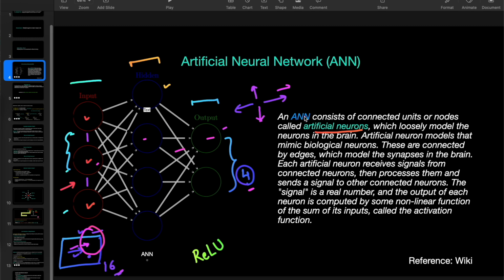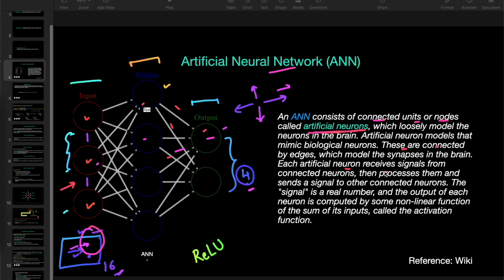Now let's quickly read what Wiki says about artificial neural networks. An ANN consists of connected units or nodes called artificial neurons, which loosely model the neurons in the brain. Artificial neurons are models that mimic biological neurons. These are connected by edges which model the synapses in the brain.